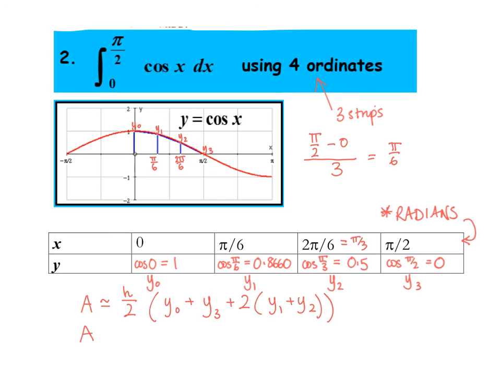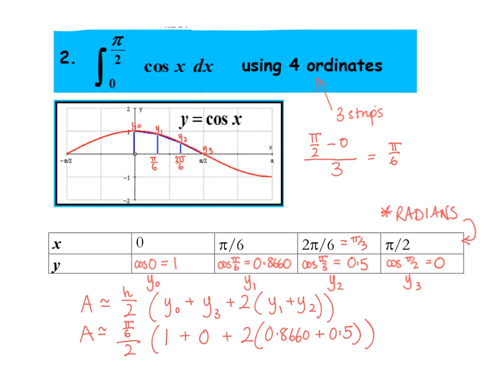We'll substitute our values in. h is pi by 6, and that's all divided by 2. y0 is 1. y3 is 0. And then 2 times the ones in the middle, 0.8660 and 0.5.